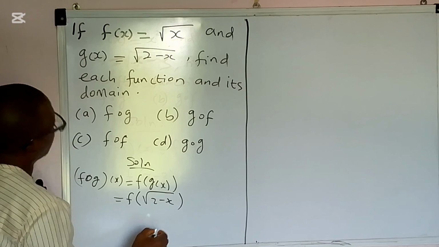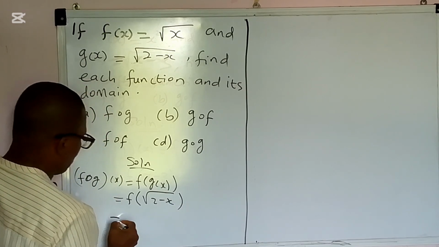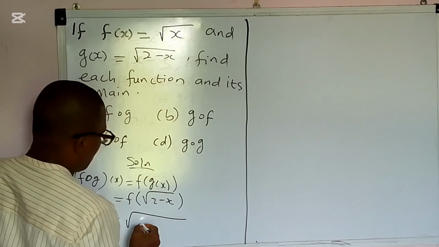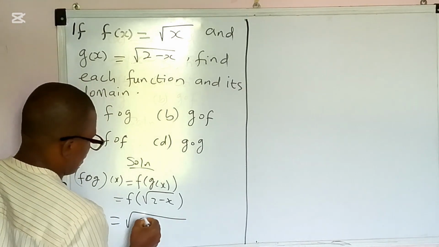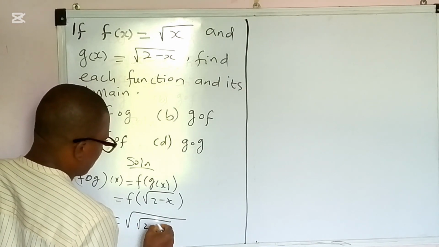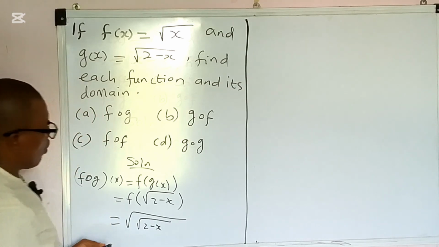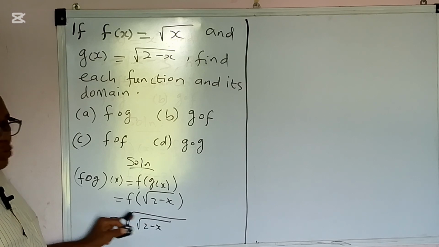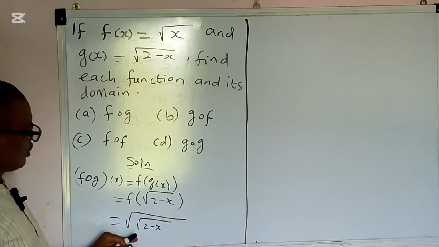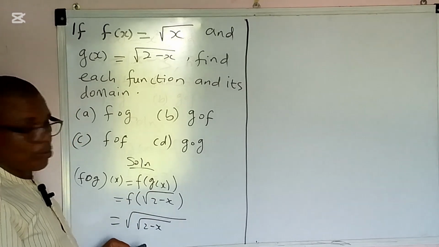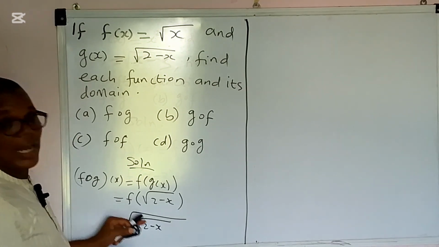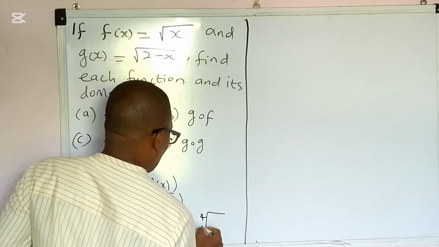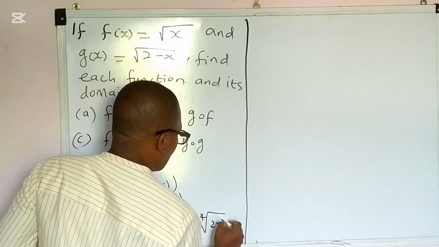So f of that will be equal to the square root of the square root of 2 minus x. You have square roots twice, and you know that a square root is like to the power half. To the power half times half, which will be equal to the fourth root of 2 minus x.